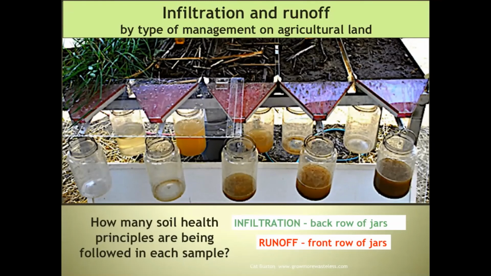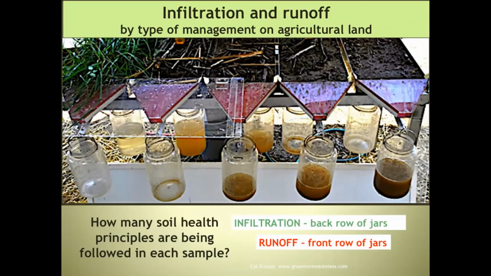We don't have bare soil. We have minimized disturbance. We have maximized diversity. I at least see a couple of different kinds of plants growing in there. And I'm assuming that it's a pasture, so there's animal contact with the soil, plus we know there are microbes and other critters there as well. And on the right side, we have very bare soil. There's nothing growing in it, and we're assuming that that's highly tilled soil.